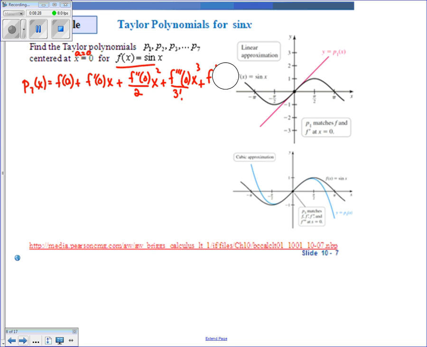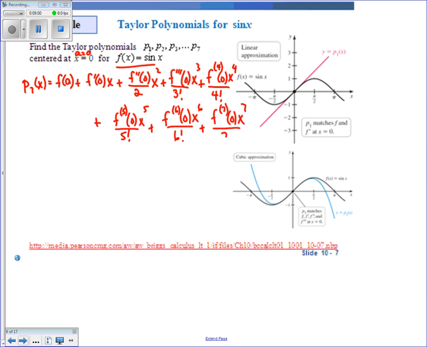Now this is where it gets ridiculous, so that's why they just start putting the parentheses with a number in it. So that's the fourth order derivative at 0, x to the fourth over 4 factorial, plus the fifth order derivative of the function at 0, x to the fifth over 5 factorial, plus the sixth order derivative at 0, x to the sixth over 6 factorial, plus f to the seventh of 0, x to the seventh over 7 factorial.